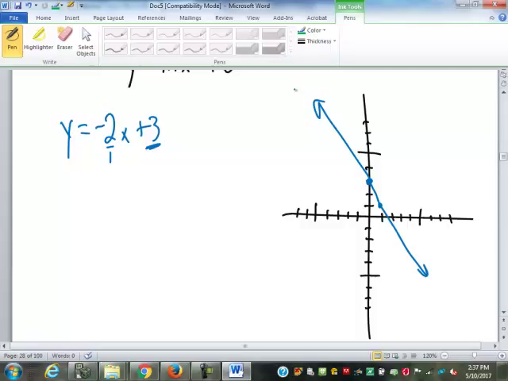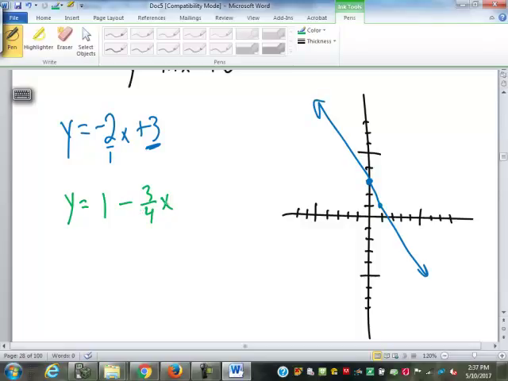Okay, so we graphed that one. Let's do another one. We might have y equals 1 minus 3/4 x. Where would we start graphing that one? Careful. Positive 1.